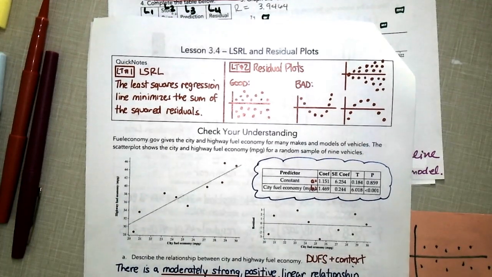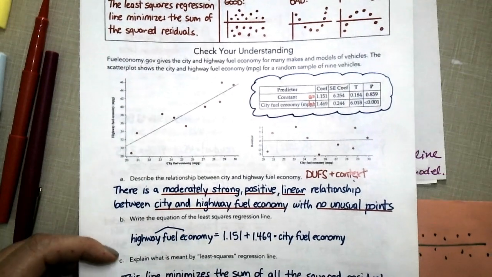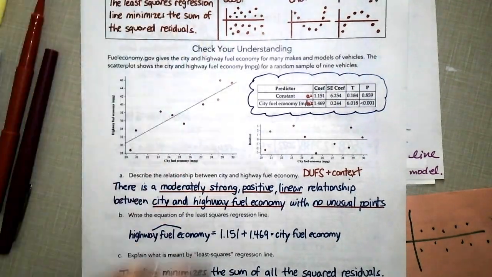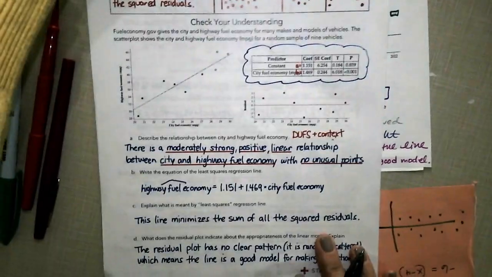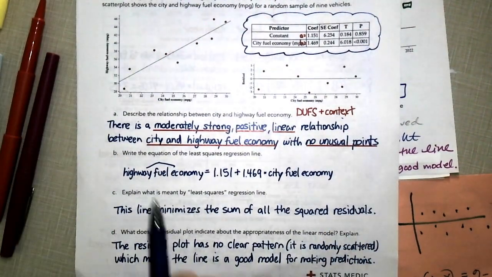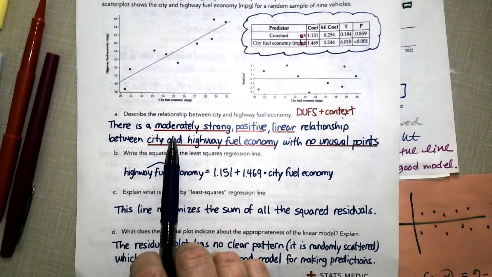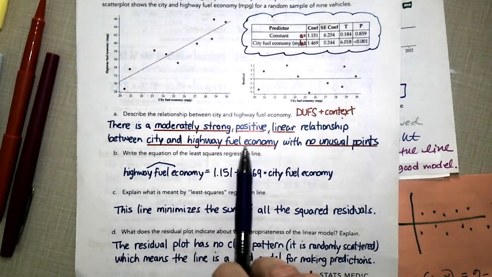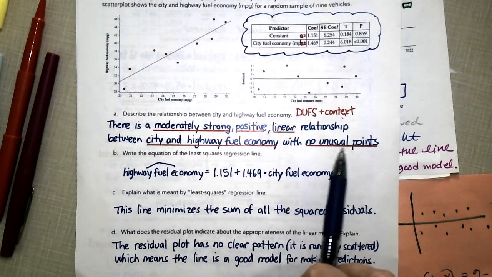Alright, so I know that you already did this, so I'm just going to be like a cooking show, and I'll make this smaller, and we can talk about this. This is the same one as the prior year. So there's a moderately strong positive linear relationship between city and highway fuel economy with no unusual points.